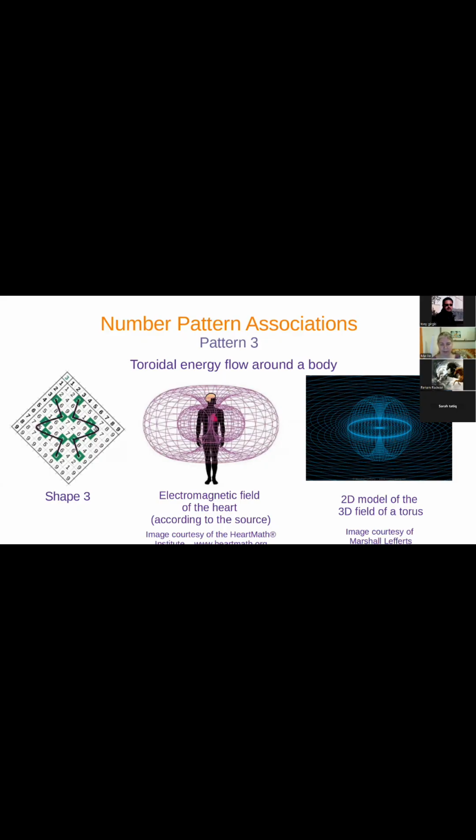You can also see the website below. It's www.heartmath.org, as well as a 2D model of a 3D field of a torus. The image was allowed for use in my work by Marshall Levitt.